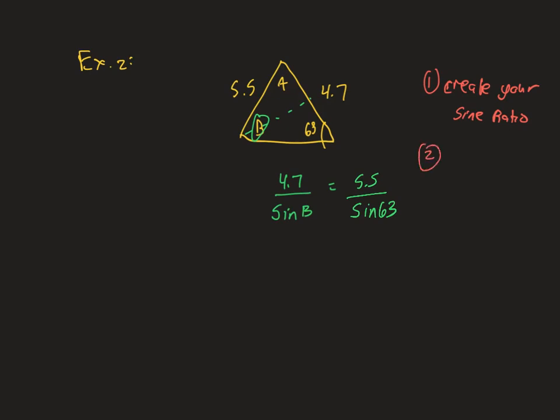When you're looking for an angle, your second step here is to cross multiply. Okay, so you're going to cross multiply here. So you're going to get 4.7 times sine of 63 is equal to 5.5 times sine of b.